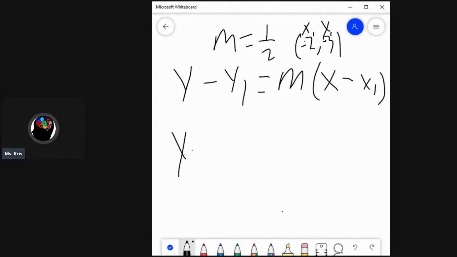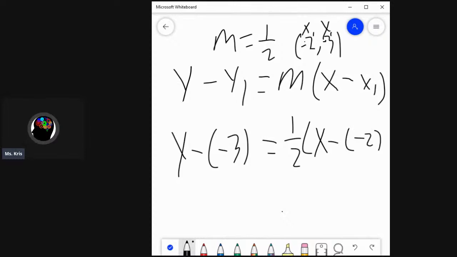Well, y minus a negative 3 will be my y1 times 1/2 x minus a negative 2 will be my x1.